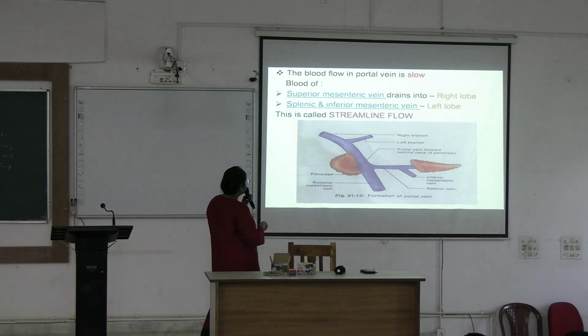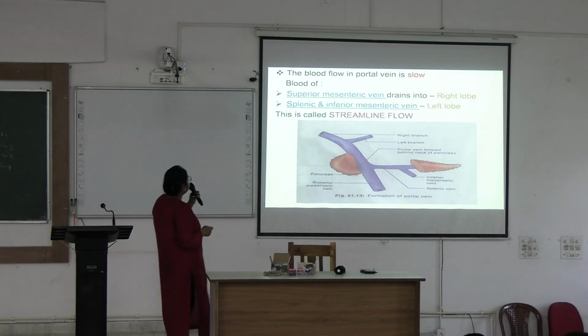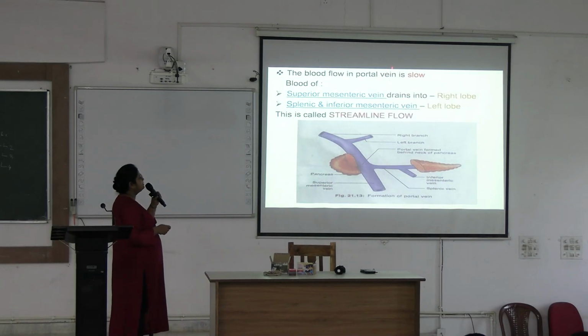You will see later. So the blood flow in portal vein is slow, and blood of the superior mesenteric vein, here is the superior mesenteric vein, passes directly to the right lobe of the liver, and from the splenic vein and the inferior mesenteric vein. Inferior mesenteric vein is draining into the splenic vein.